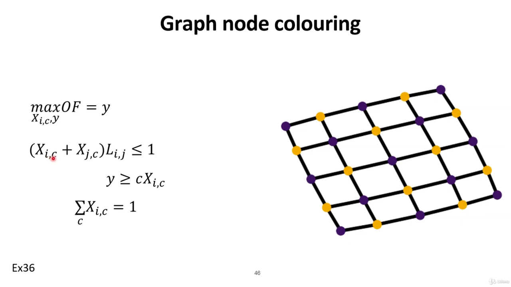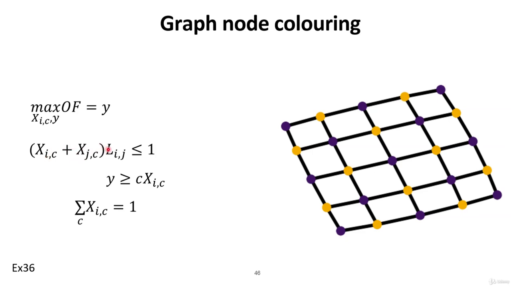So we have a set C, which has a range of colors, and I is the set of nodes. We want to find an optimal mapping between nodes and colors, so we want to know which node should take which color. xic is a binary variable, xjc is a binary variable, and i and j are aliases of each other, so they are from the same set, nodes.